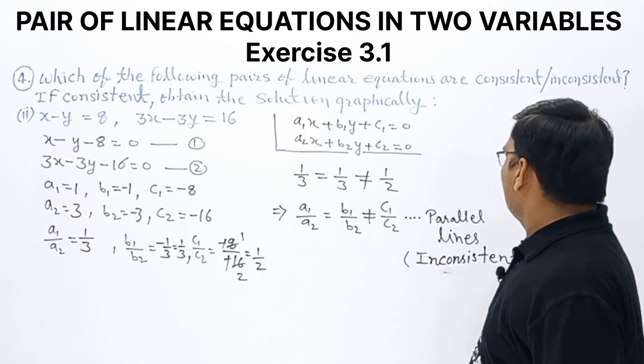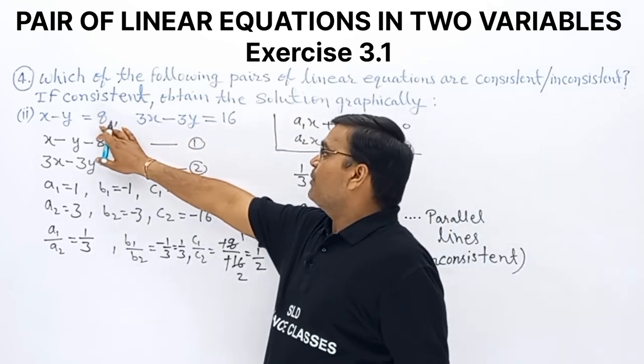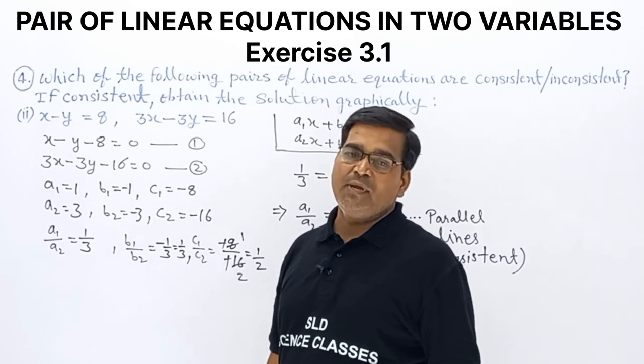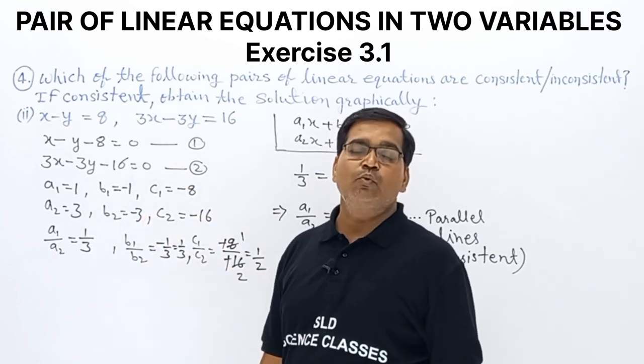Observe again what we are doing in this question. We have one pair of linear equations in two variables. We want to check whether these linear equations are consistent or inconsistent. How will we check? First we compare these equations with the general form of linear equations in two variables.